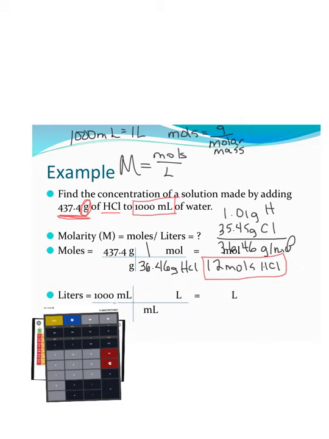So we already said that there are 1,000 milliliters for every 1 liter. And this is a pretty simple problem. The thousands cancel out, we're left with 1. So we have 1 liter is our volume of our solution. So I'm going to box that.